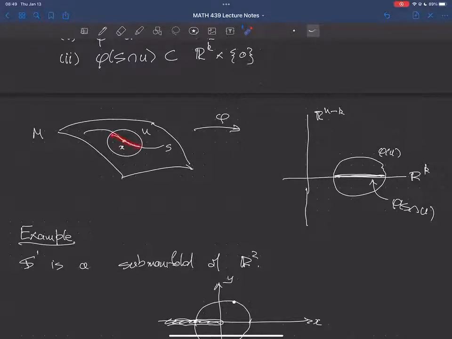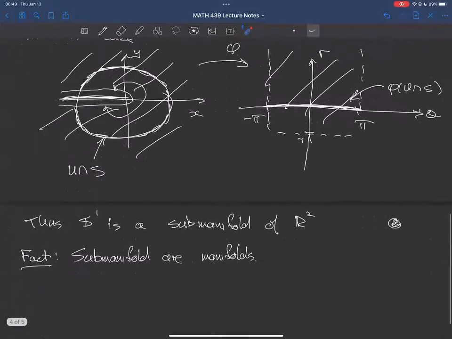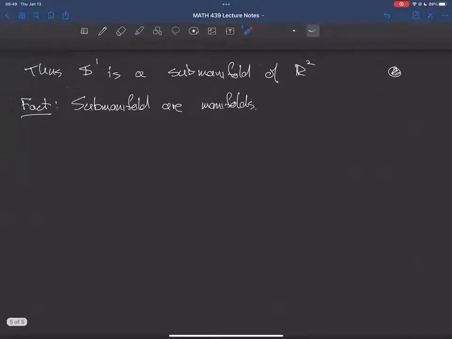And the definition is contrived so that that gives me a chart which takes values in Rk. And you can do that about every point in S by definition. And so that's how you build an atlas for a submanifold. You have to verify some stuff there, but it's fairly straightforward.